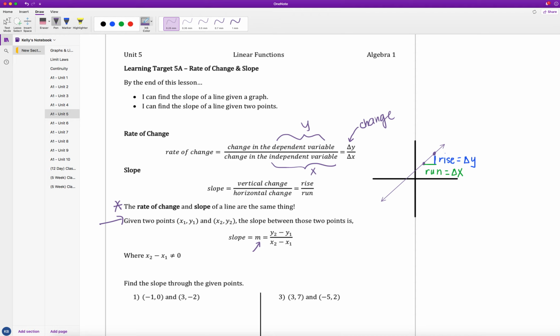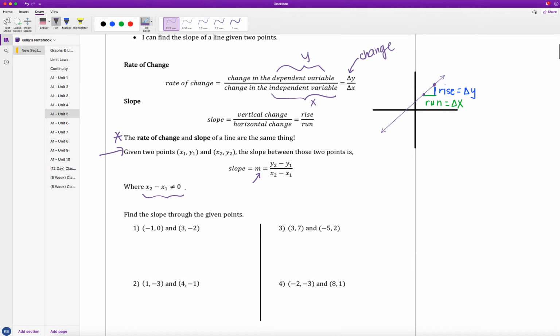And as we dive later into this unit and look at a bunch of different types of equations of lines, we'll always see that m is representing our slope. And by definition, that would be y2 minus y1 over x2 minus x1. And since we cannot divide by 0, I do have the added condition that x2 minus x1, our denominator, cannot be equal to 0.